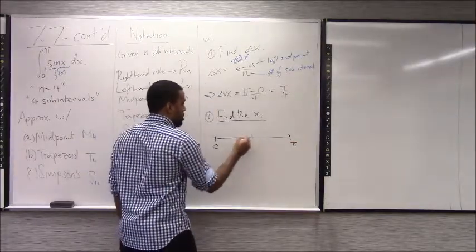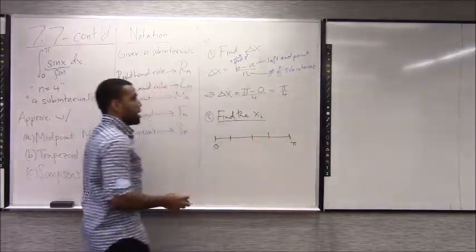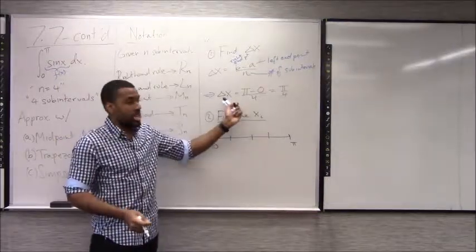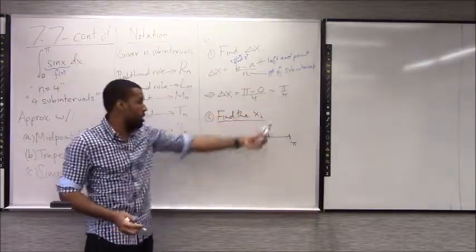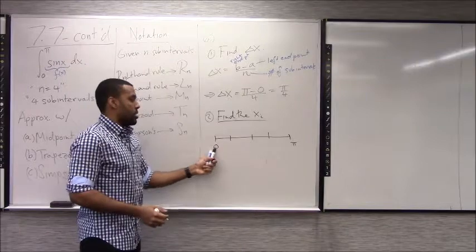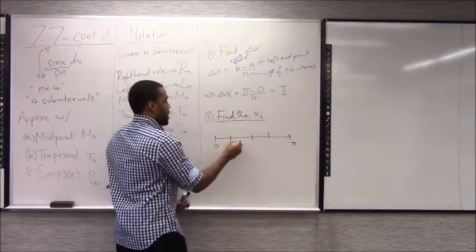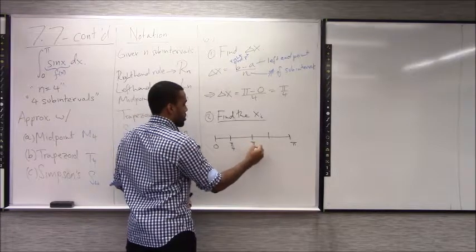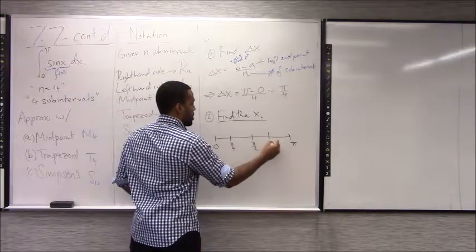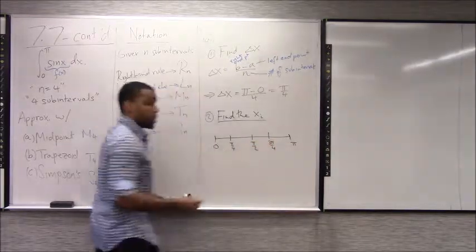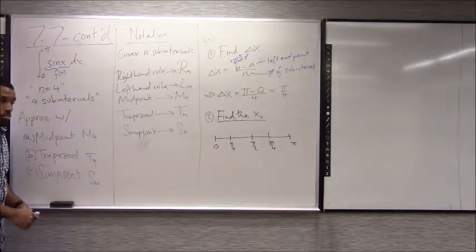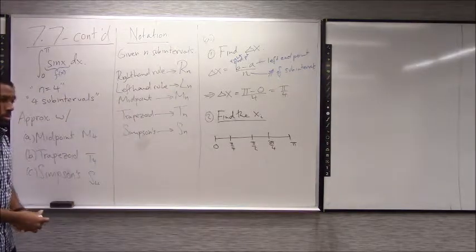I know I'm cutting it into 4 equal pieces, and the delta x tells you the length of each piece. So I start at the left endpoint and add pi over 4, add pi over 4 again, and again, and again. That would be my subintervals.